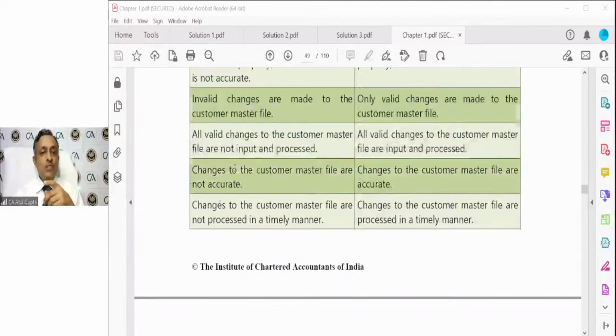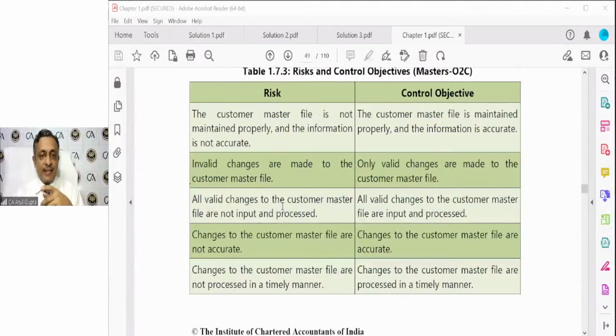I asked you what was the source of risk: invalid changes are made to the customer master. Harshita gave it correctly, due to unauthorized access. The source of risk is unauthorized access, and your access controls are not properly defined. So that is the source.